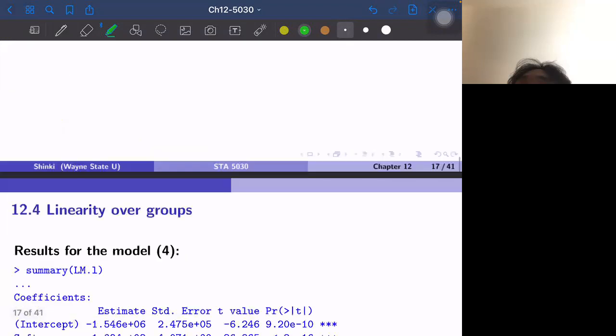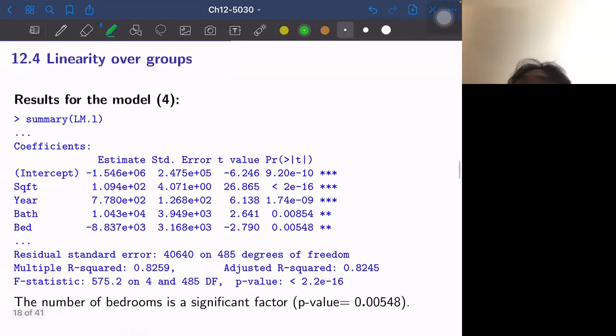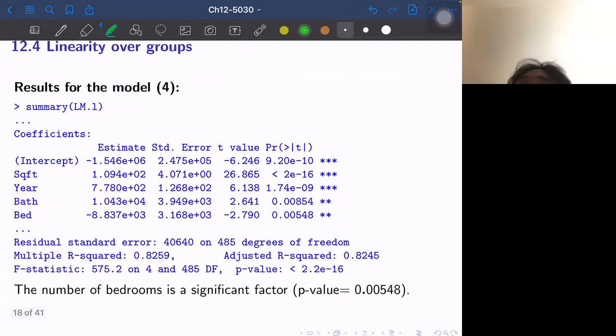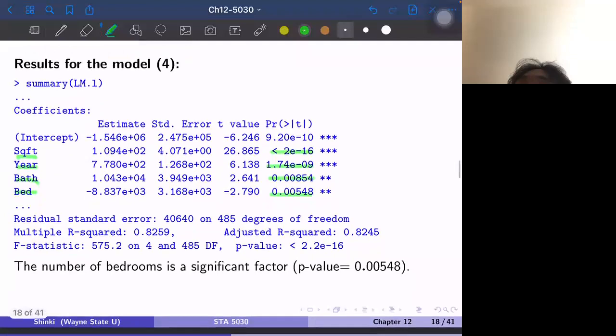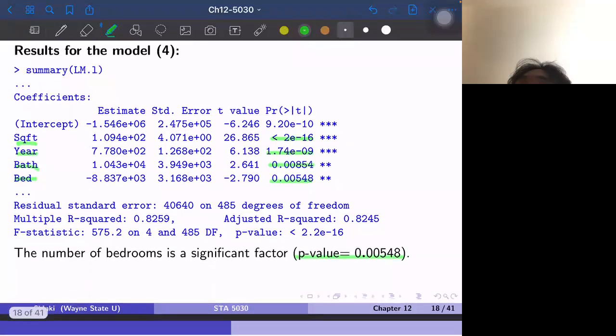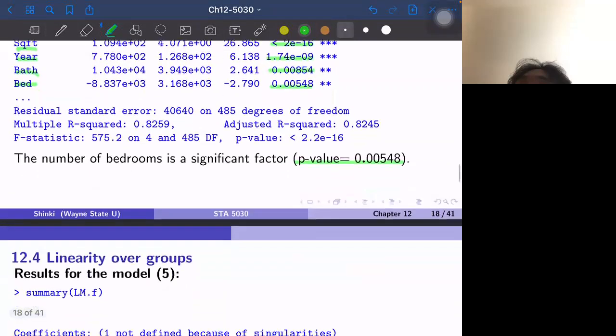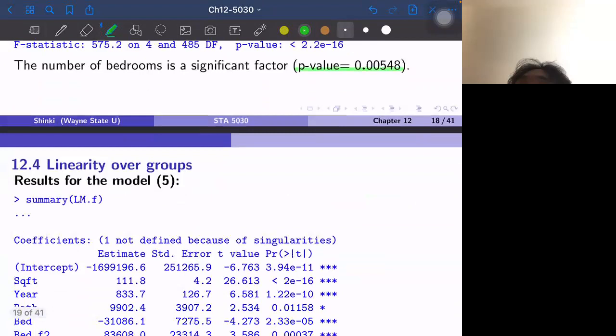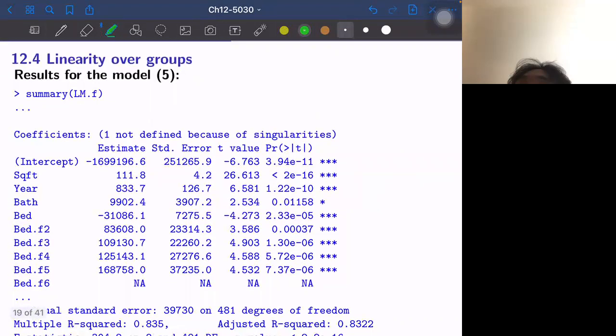At first we look at the result for equation 4. This has continuous variables, and all are significant. The p-value for the number of bedrooms is 0.004548. So at least we should include the bedroom as a continuous variable; we should give at least 1 parameter for bed. How about the factor variable?